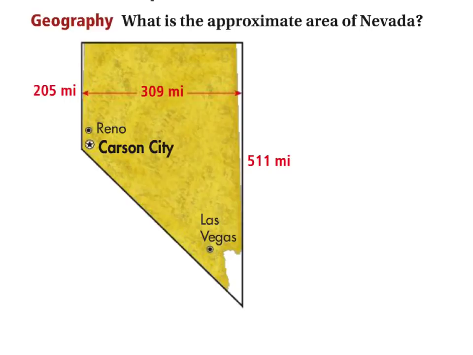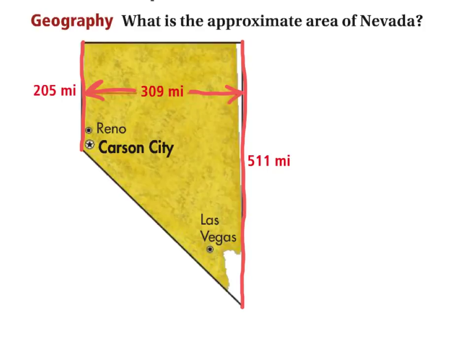Its western border is approximately 250 miles. Its eastern border is approximately 511 miles. The distance between those two borders is approximately 309 miles.